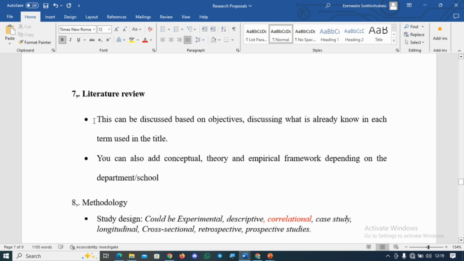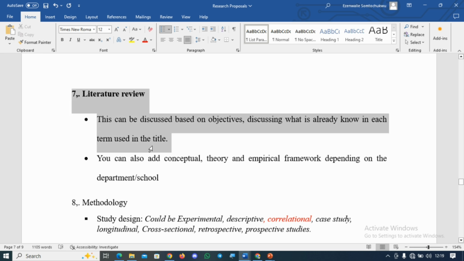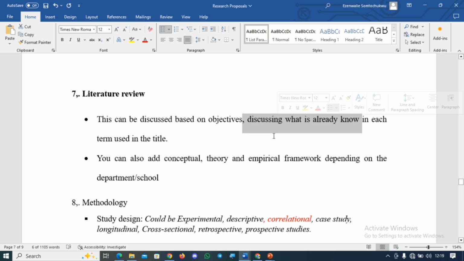To make it lengthy, you might need to discuss based on the objectives of your study. That way you can be more elaborate, and that's what literature review is all about, being elaborate on your topic and title. You can as well add the conceptual framework, the theoretical framework and the empirical framework, depending on your department or your school.